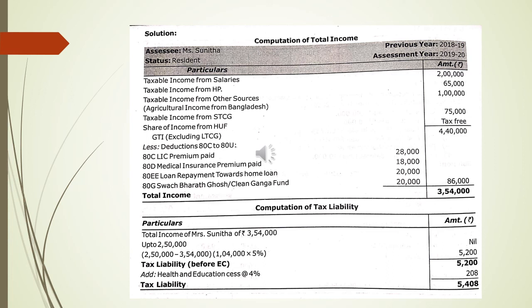On this 5,200, you can't claim rebate of 2,500 because your total income is more than 3.5 lakhs. So you can straight away add education cess at 4%. 4% of 5,200 is 208 rupees. So your total tax liability stands at 5,408. Hope you have understood these concepts.